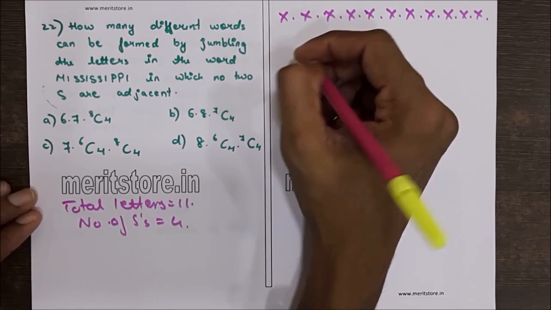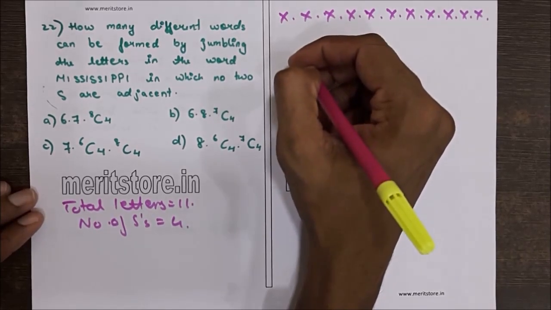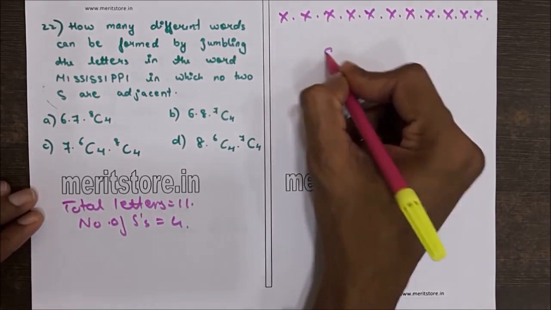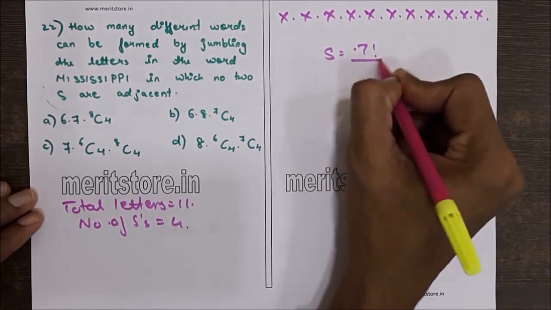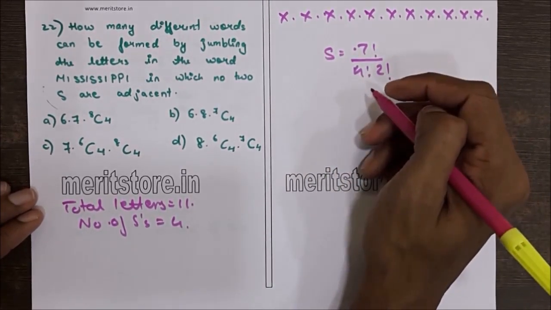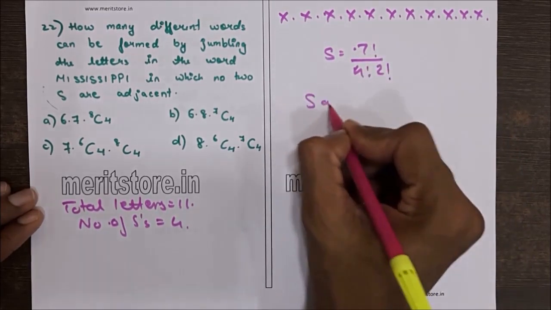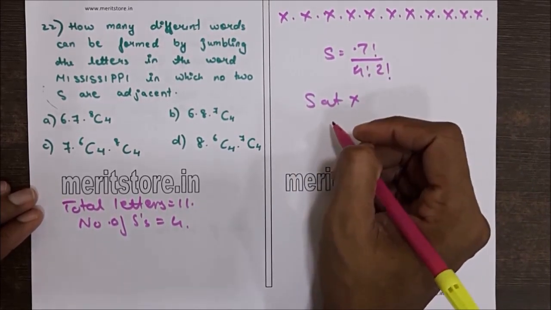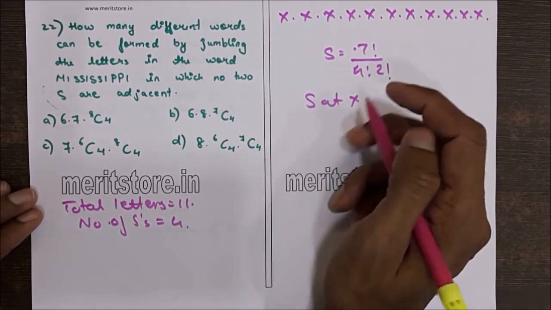The first 7 letters at places other than S can be arranged in 7 factorial upon 4 factorial into 2 factorial ways. Now place S at the x places such that no two S's are adjacent.